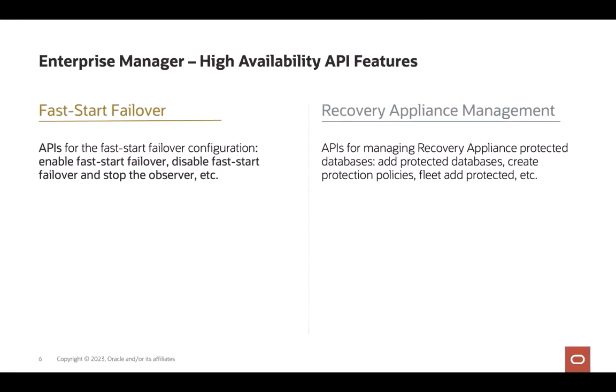The fast start failover APIs contain operations for a fast start failover configuration, such as enable fast start failover, disable fast start failover, stop the observer, and more. The recovery appliance management APIs have many APIs for managing recovery appliance protected databases, such as add protected databases, create protection policies, and more.